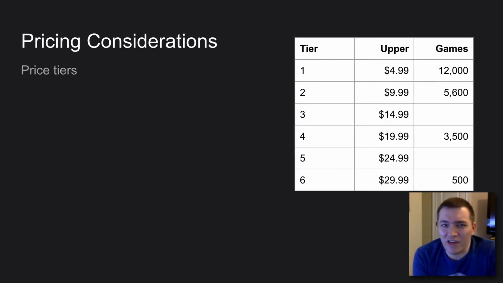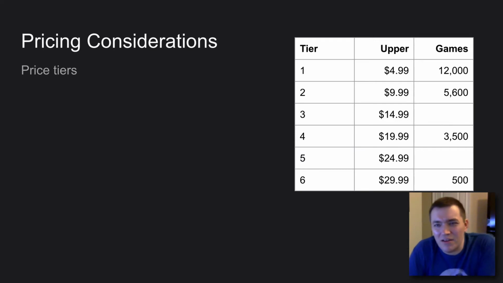For instance, $0 to $4.99 is one tier. Then I think $5 to $9.99, $10 to $14.99, $15 to $19.99. They're in about $5 increments. As you go higher, the increment might increase to some extent.